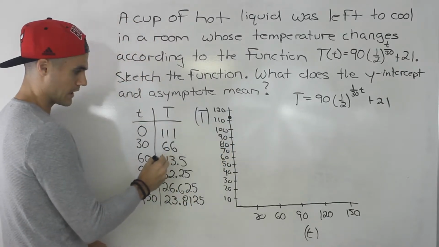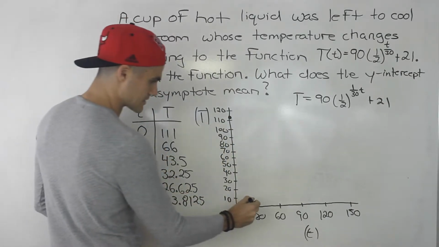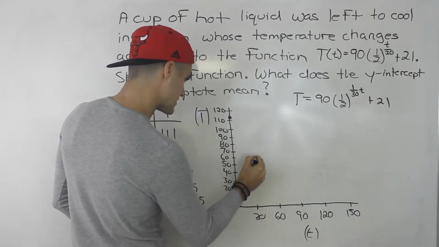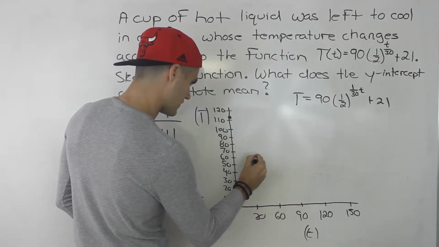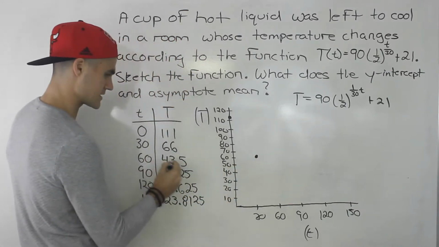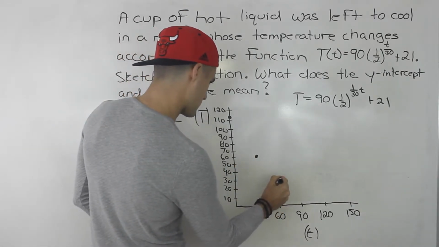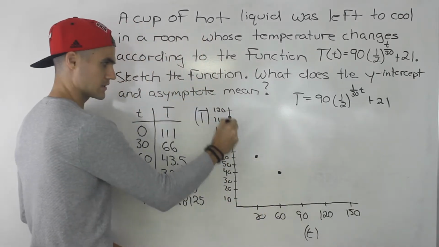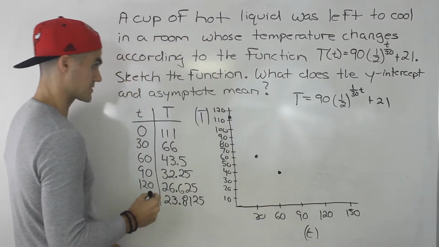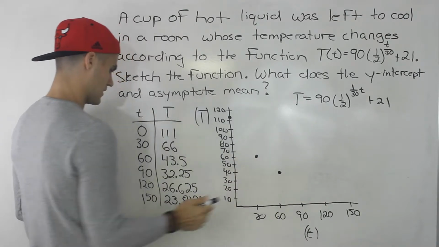We got 30 and 66, so that would be right about there. And then we got 60, 43.5, so that is over here. So this is going to look like a curve, right? It's an exponential function, remember that?